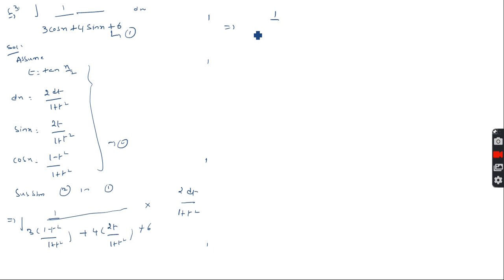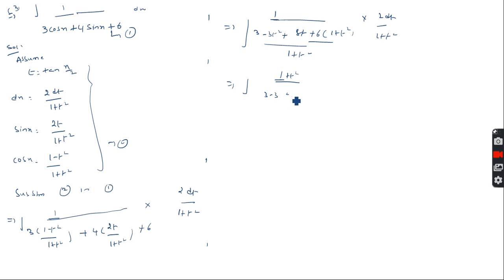So we get 3 into 1, that is 3 minus 3t square plus 8t plus 6 into 1 plus t square, by 1 plus t square, into 2 dt by 1 plus t square. That is nothing but the integral of 1 plus t square by 3 minus 3t square plus 8t plus 6 plus 6t square, into 2 dt by 1 plus t square.